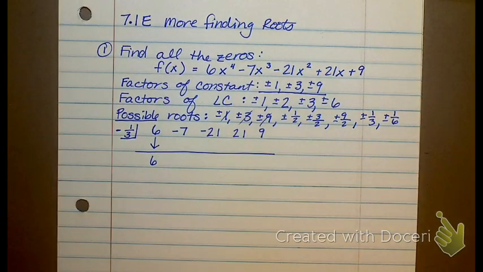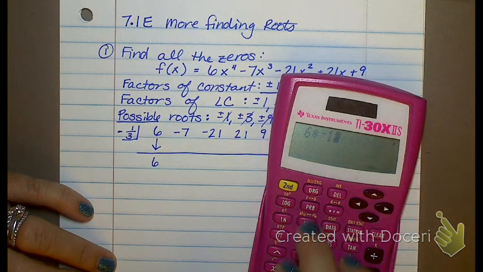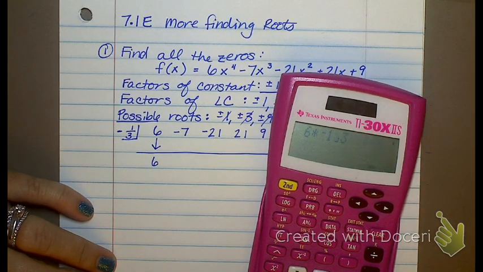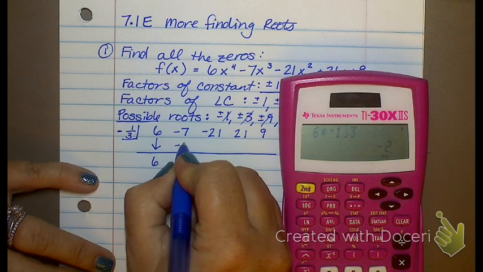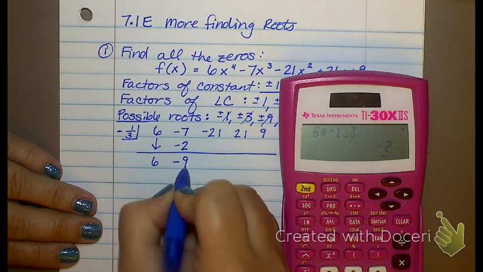What's 6 times -1/3? It is -2. -7 and -2 is -9.